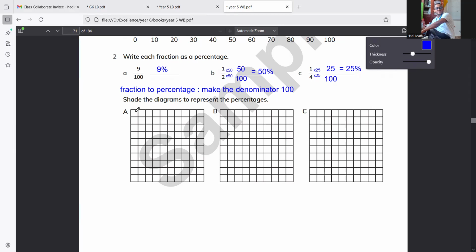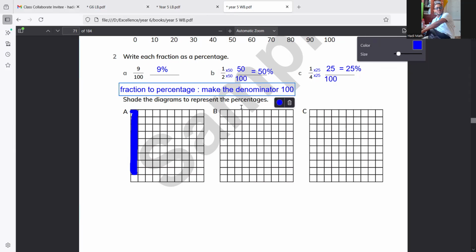So to represent the 9%, you need to actually shade 9. Shade 9 of them to make 9%. When you shade 9 of them, that will be 9%.